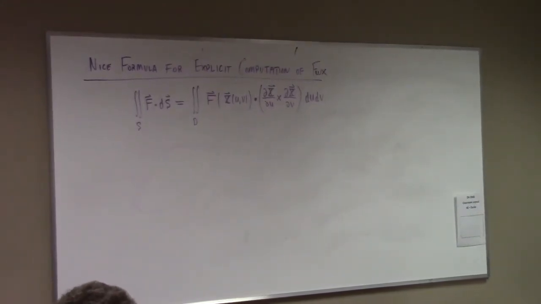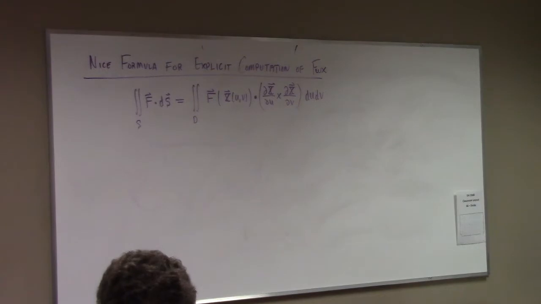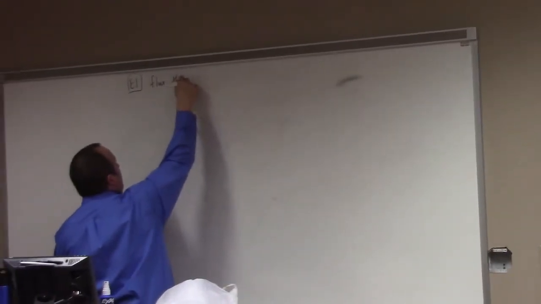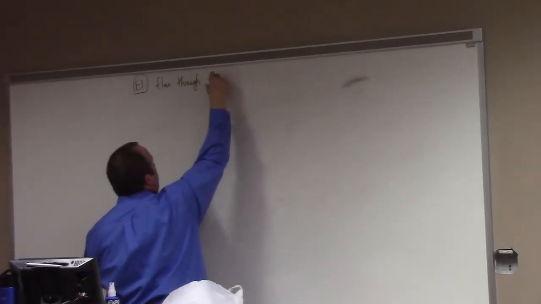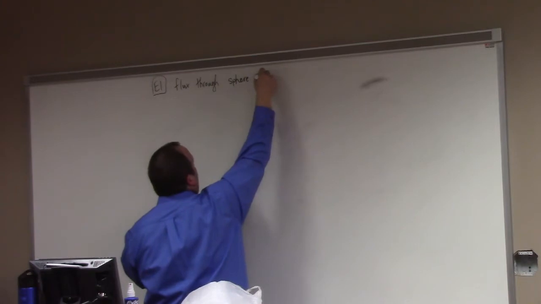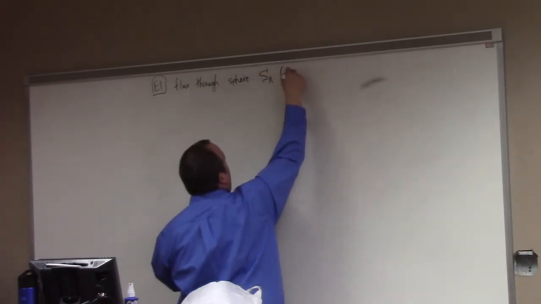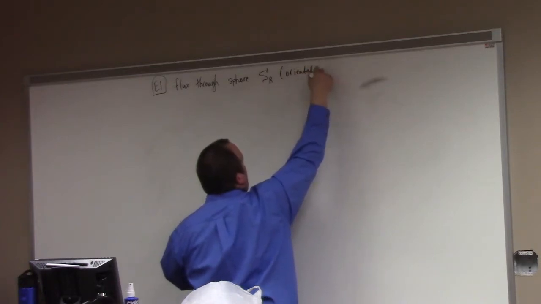So this is the question. Example 1, flux through a sphere, let's say S_R, oriented outward.